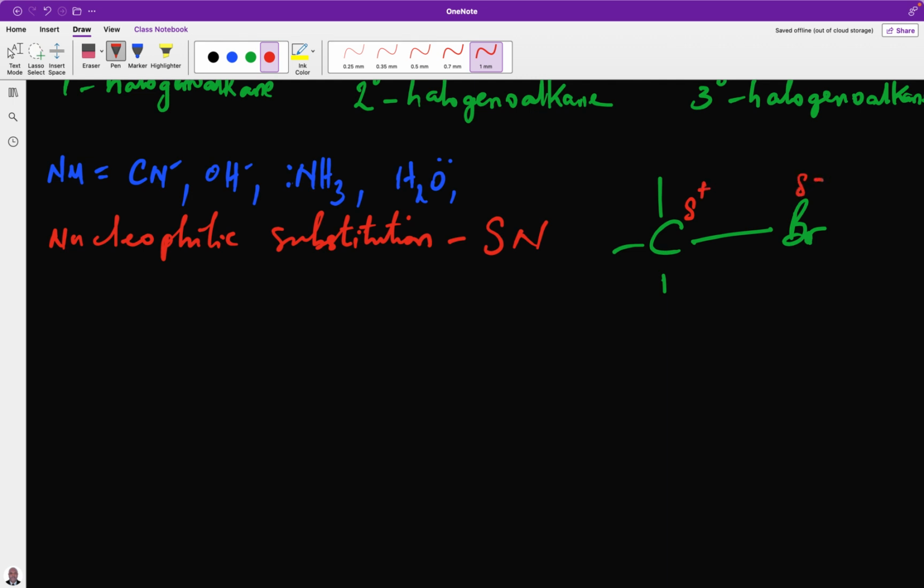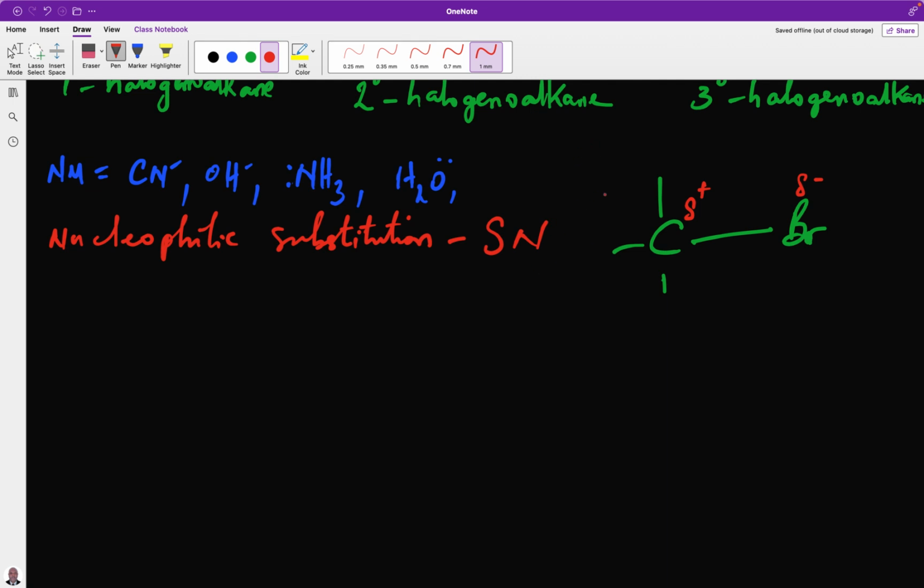Because of this, what happens? As I said, this is a mechanism in organic reaction in which a nucleophile attacks, or is attracted to, a carbon atom carrying a partial positive charge.